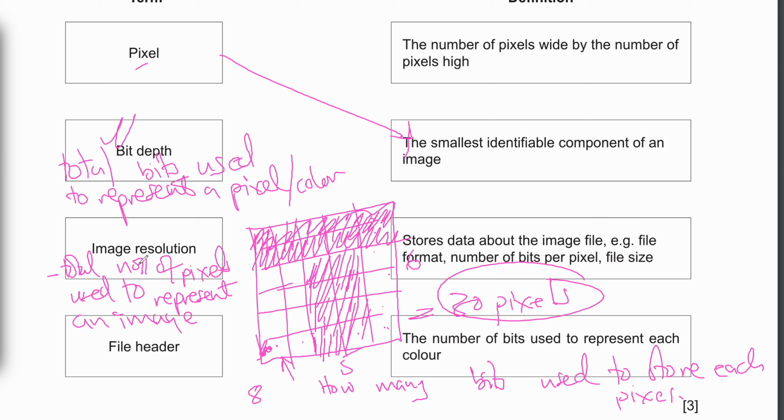So this will be acting as my image resolution: the total number of pixels wide times the number of pixels high. That's going to be my image resolution, the total number of pixels used to represent each image. I don't know if that makes sense.